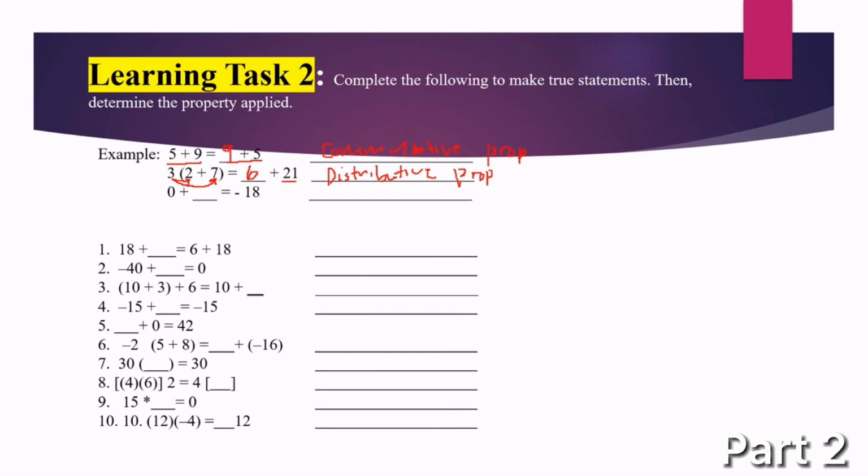Okay, next. 0 plus blank equals negative 18. What is the missing number? The missing number is negative 18. So, ano yung property na ginamit na nalamin lang si negative 18 sa 0?